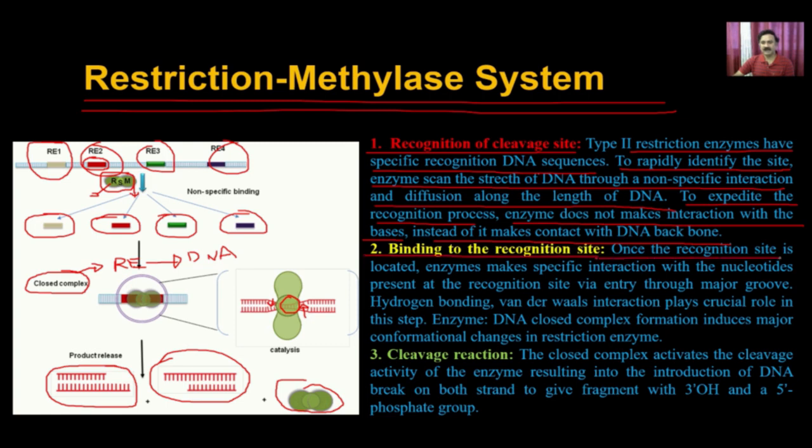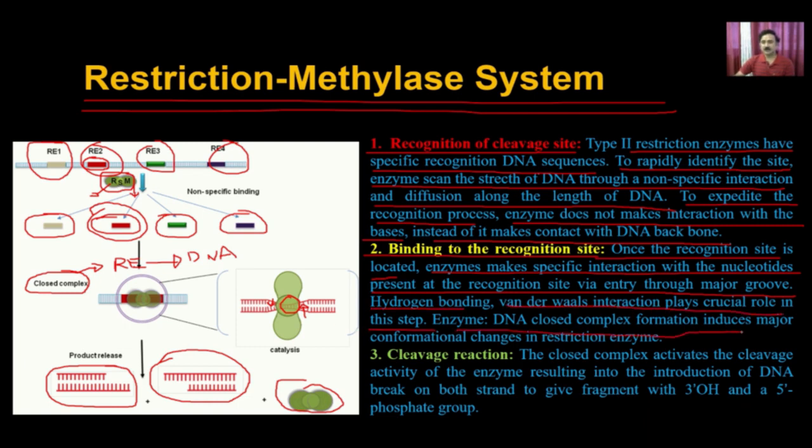Once the recognition site is located, which in this case is the red color DNA sequence, the enzyme makes specific interaction with the nucleotides present at the recognition site by entering the major groove. Hydrogen bonding and van der Waals interactions play a crucial role in this step.